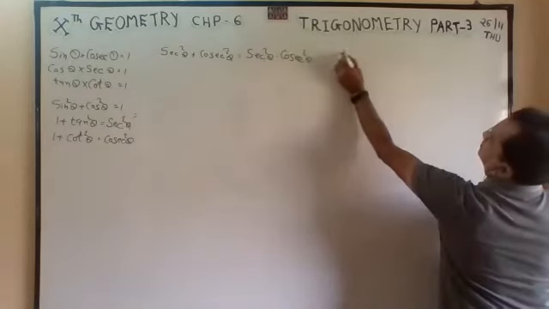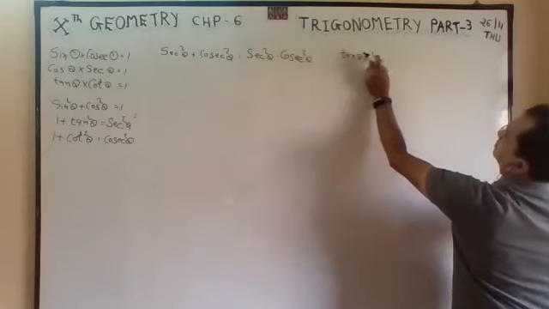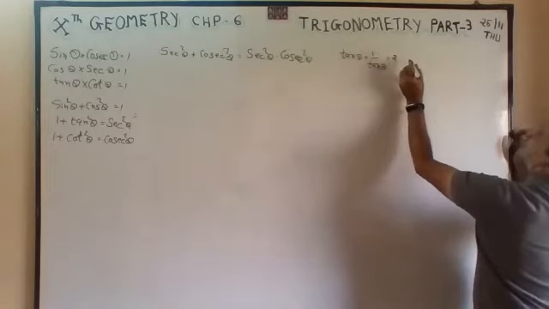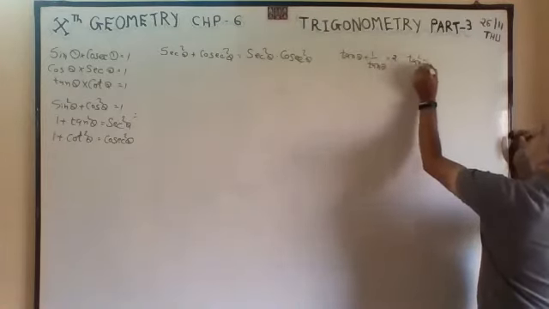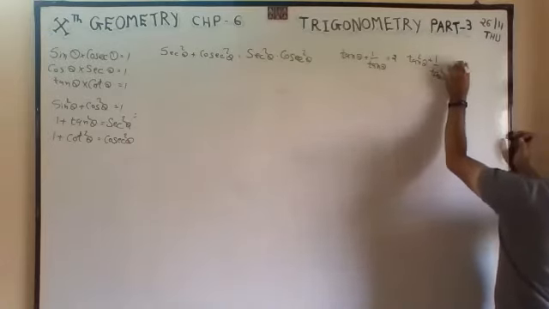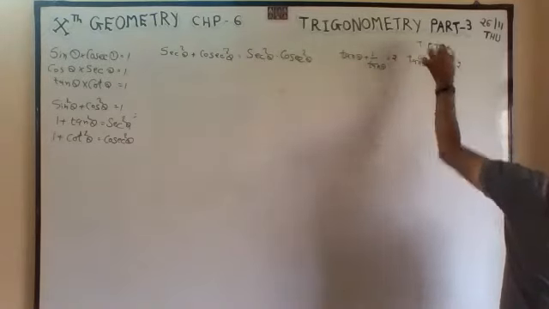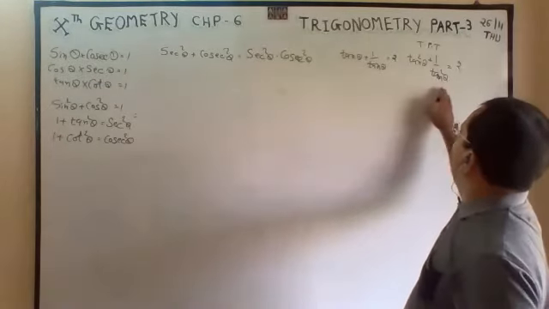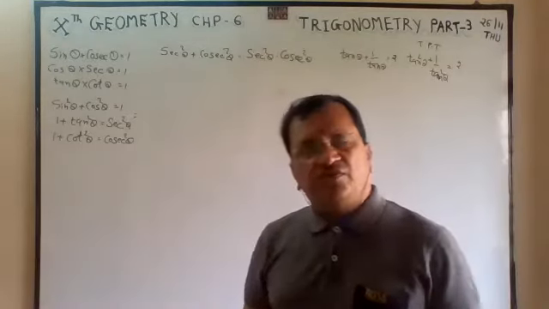And one is tan theta plus 1 by tan theta is equal to 2, so that tan square theta plus 1 by tan square theta is equal to 2, to prove that. Left and right we have to prove. This is given, from that this also we have to prove. First see this. Full solution I will give.